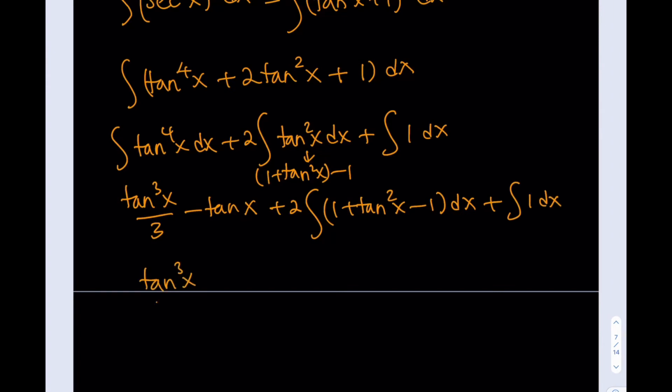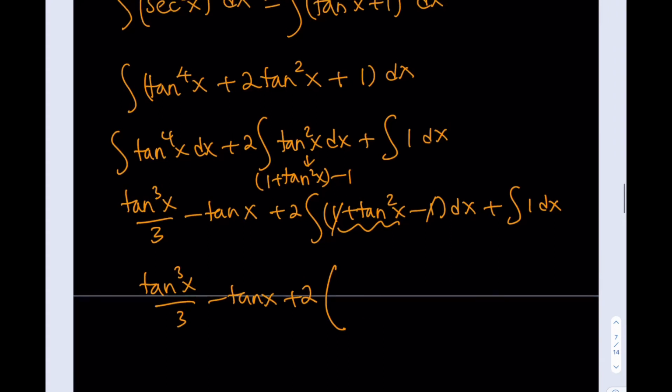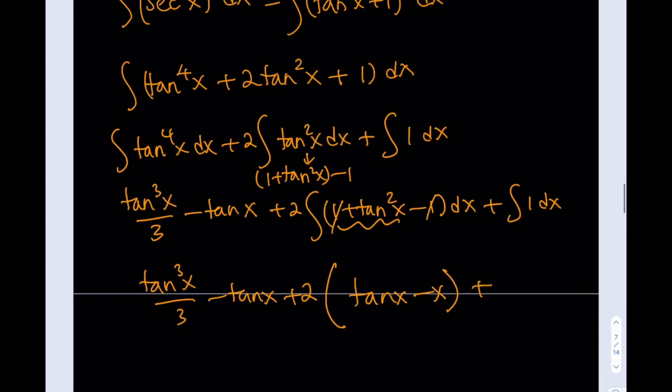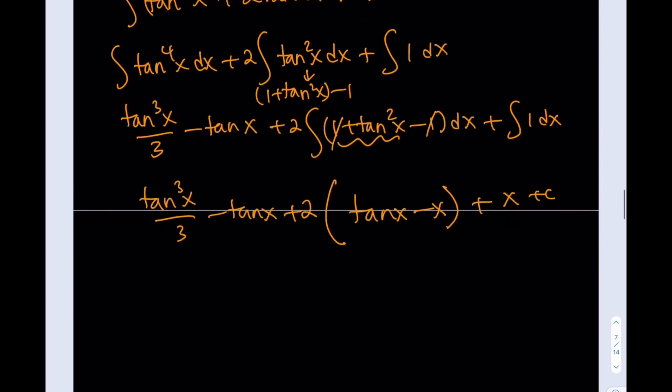Tangent cubed x over 3 minus tangent x. Now, I'll keep the 2 outside, so then integrate everything. Okay, 1 minus 1, actually, what's going to happen is that they're going to cancel out, right? Well, we don't want that because we want this one. So that's going to be secant. What am I talking about? Okay, this is going to be tangent x minus x when integrated, right? Okay, cool. And then I'll have plus x plus c. Beautiful. Let's simplify this now.